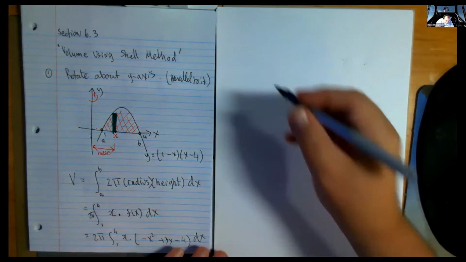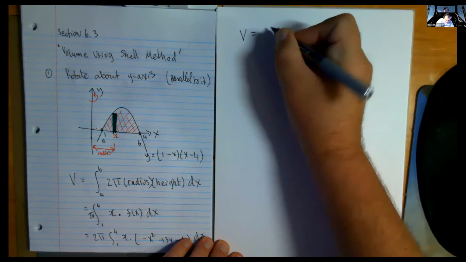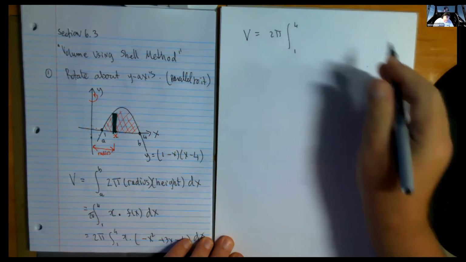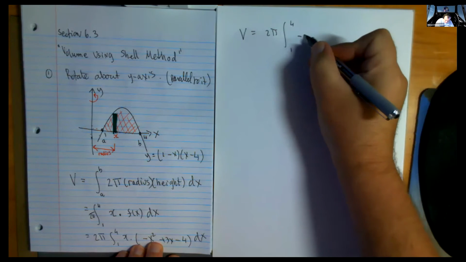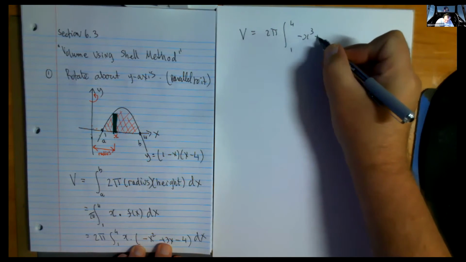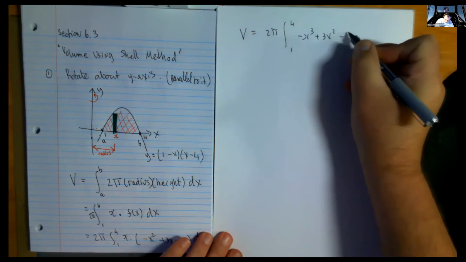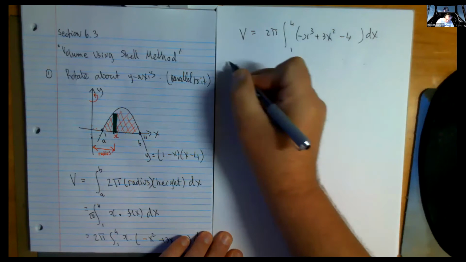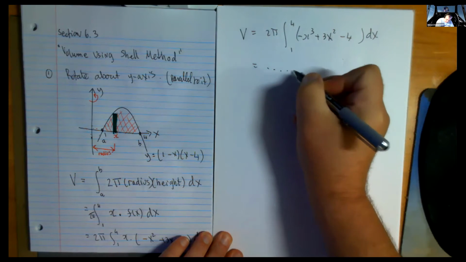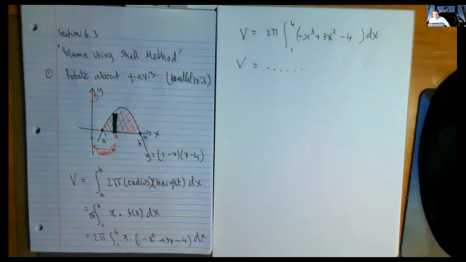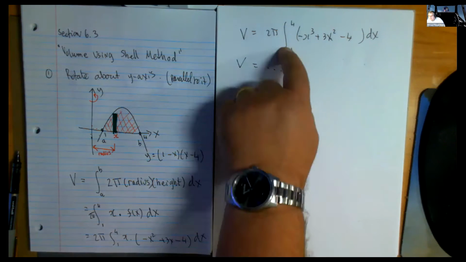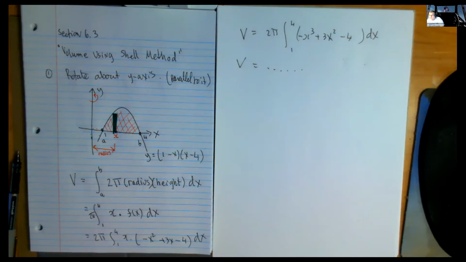So continuing, the volume then is 2 pi, the integral from 1 to 4. If you distribute the x's, you now have this guy, minus 4. And at that point, I'm just going to go dot, dot, dot. Would you agree that's just a power rule with some really ugly values? And you're finished.